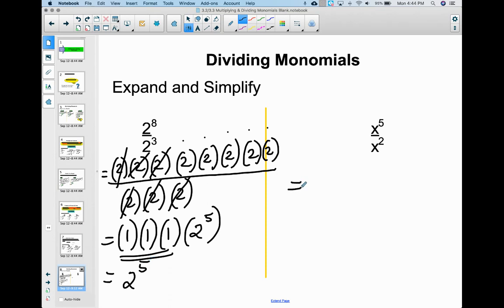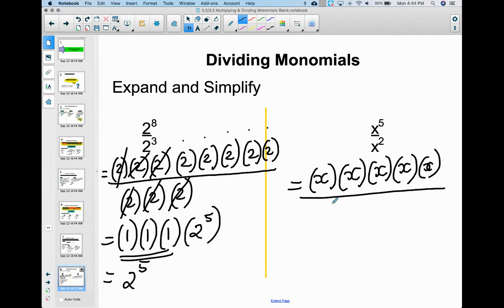In this example, the same way, x to the power of 5 can be expanded as such, and x to the power of 2 can be expanded as such. x divided by x is 1. x divided by x is 1.